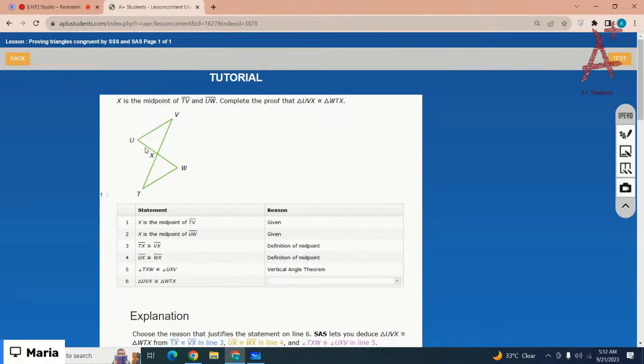So angle TXW and angle UXV are congruent, that is the vertical angle theorem. Okay, let's just see.